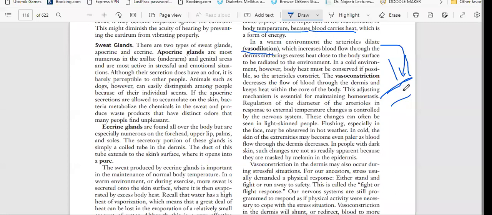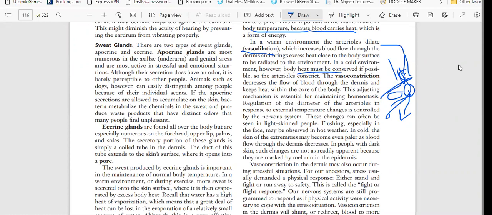What will happen? We have sebaceous gland, we have sweat gland. Then the sweat glands release sweat. So this blood heat is carried away by the sweat gland, and sweat glands release sweat. Then we will feel cool ourselves. Okay, then the heat is evaporated.